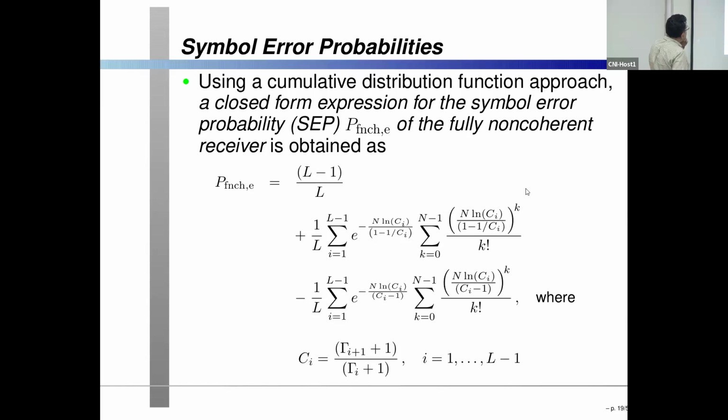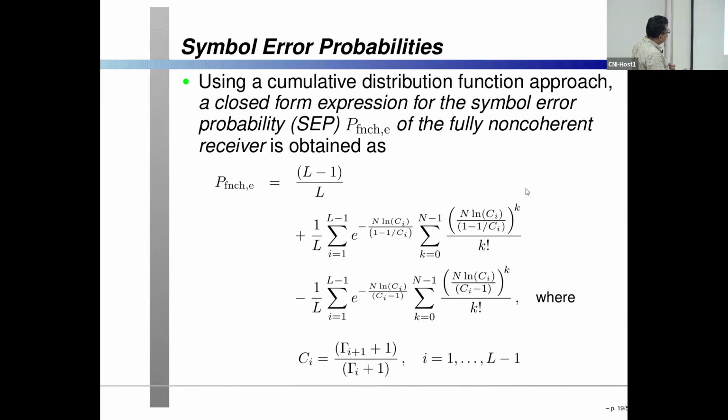Right. Now, these are some symbol error probability expressions. The first one is for the fully non-coherent receiver. Here you have to use a CDF approach. Basically, norm of r squared constitutes the decision variable. For different symbols you will have different gamma distributions, and the gamma distribution CDF has this kind of form as one of the terms. It is basically 1 minus exponential of minus x times a summation, this kind of summation.